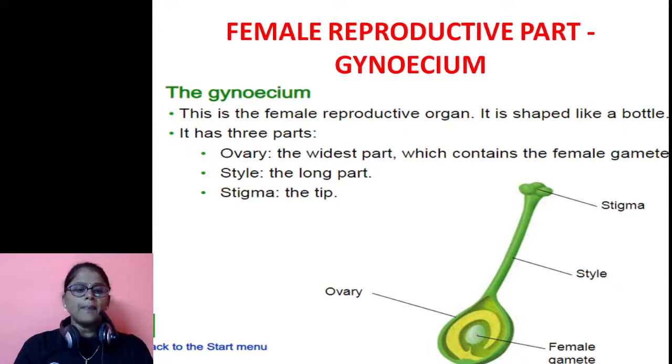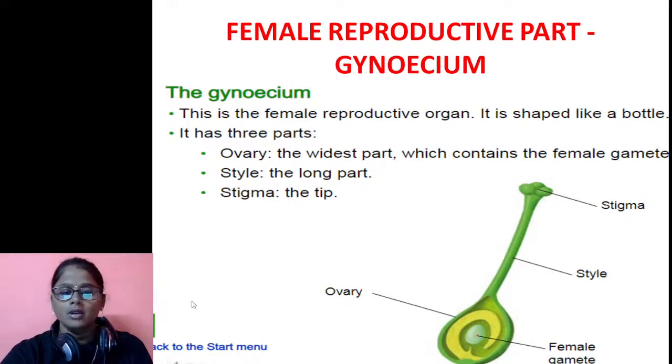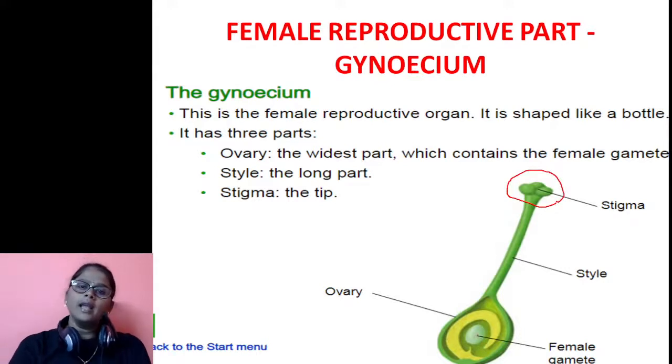It has 3 parts: stigma, style and ovary.